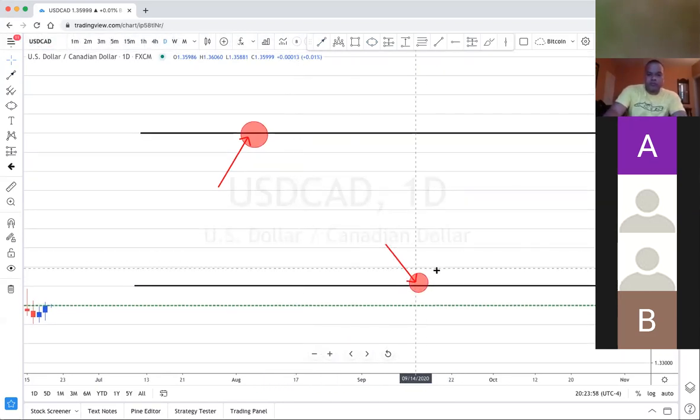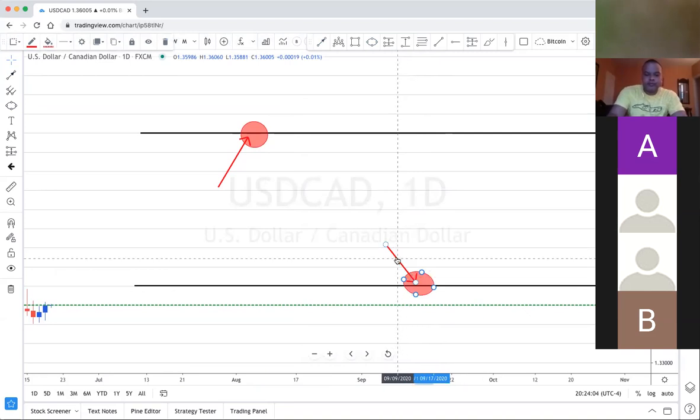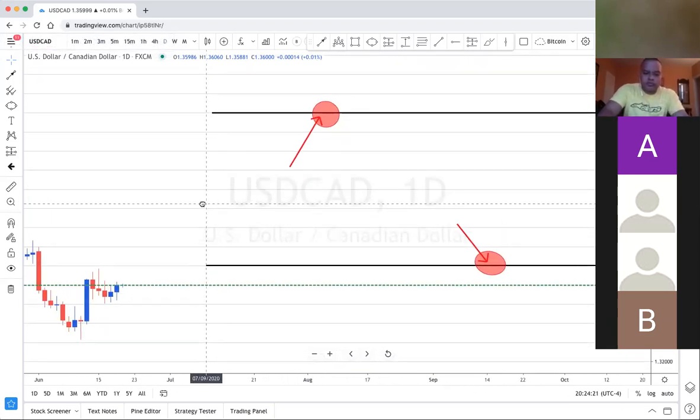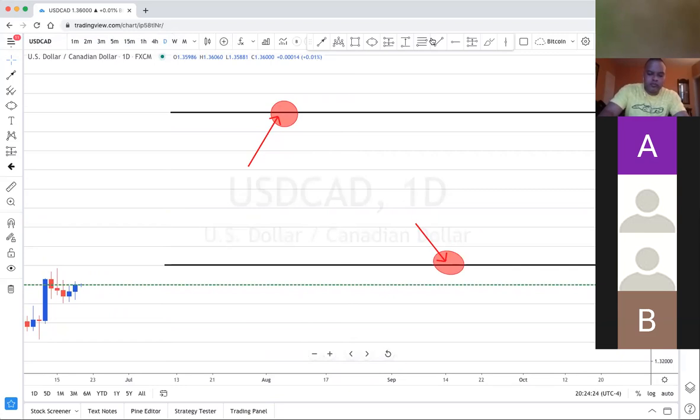Now, if price is heading towards a key area of support, what are we probably expecting to happen possibly next? Price is coming down. What do we think is going to happen next? Okay, it's going to turn into a possible buy, right?